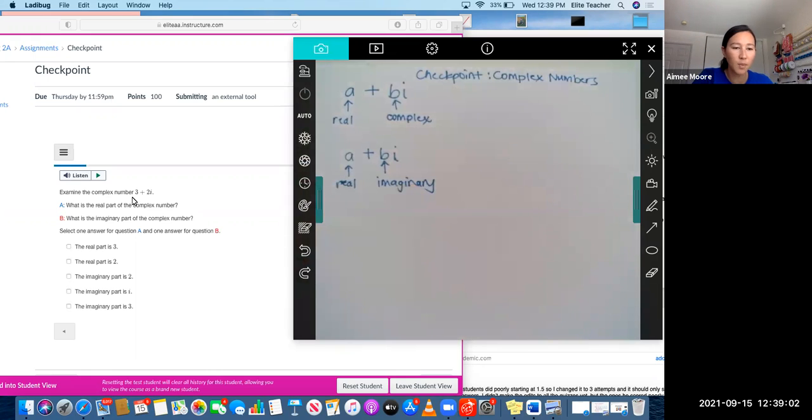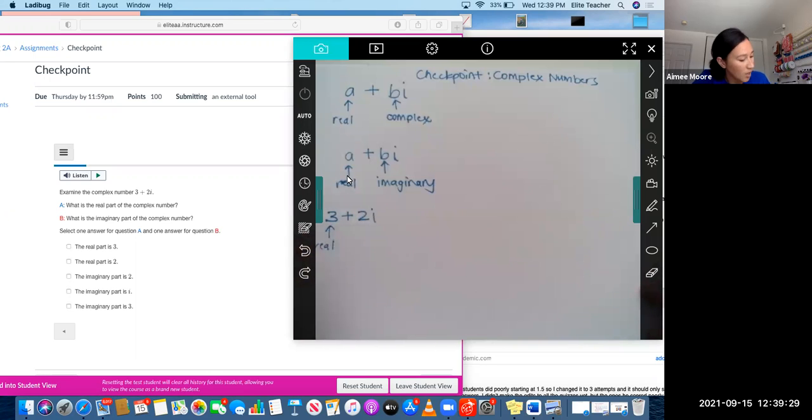Okay, so for this first question, if we have 3 plus 2i, part A of the question wants to know what is the real part of the complex number. So the real part, we said, is the number that doesn't have the i attached to it. So in this case, 3 would be our real number. And then it wants to know B, what is the imaginary part?